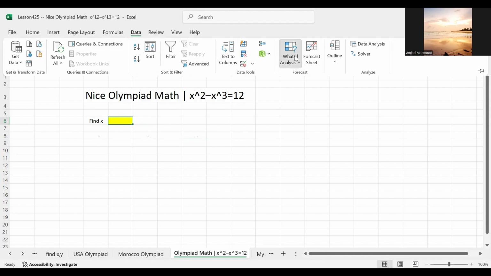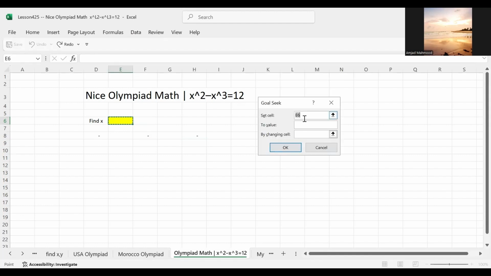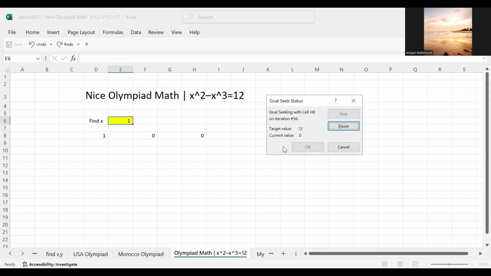Let's try it again. First try this. We are trying to set this cell to the value of 12, and by changing this, we click OK. I think the proper formatting is the issue, because the result is coming as 12.00 something like this. So that's why it is not coming.